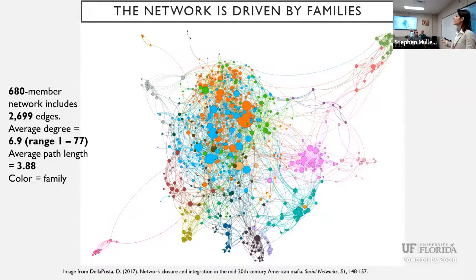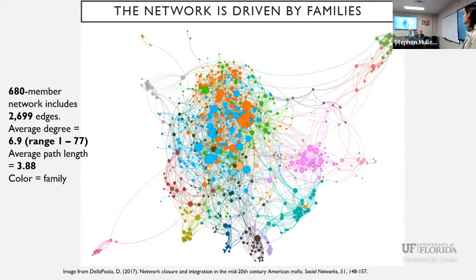So the average degree, so the average number of friends someone has, we call them friends as a clinical term, is about 7, and it ranged from 1 to 77. And John Armento had the most, 77. The average path length, so that's like your 6 degrees of separation hops between people, it was 3.88. So that's how removed people were from each other.